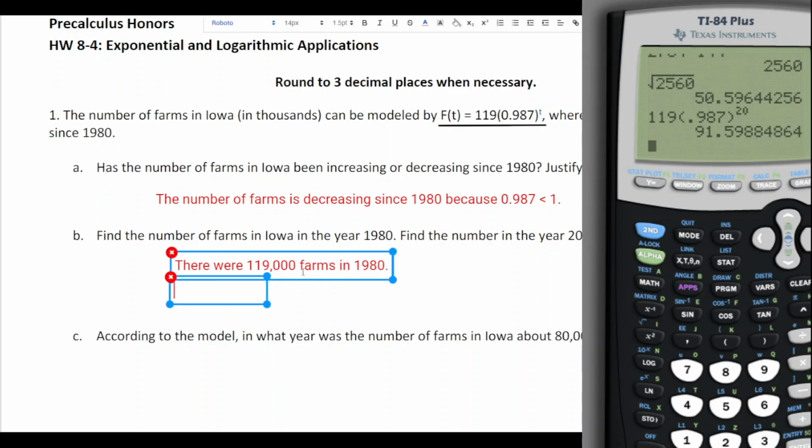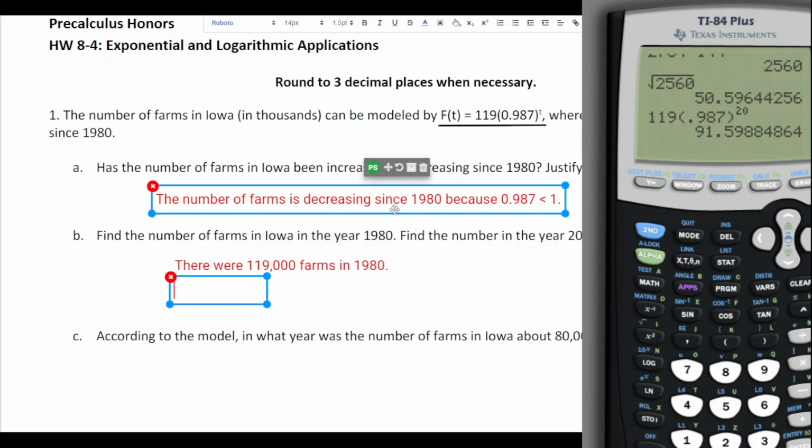Okay, based on this, we can say that there were approximately, and we are going to round here, this is based on the model, 91,599 farms in 2000.